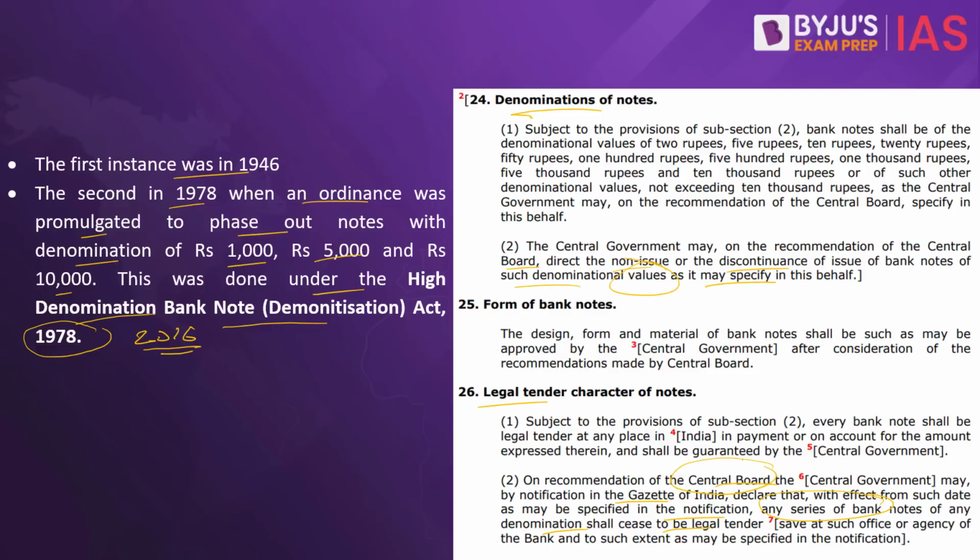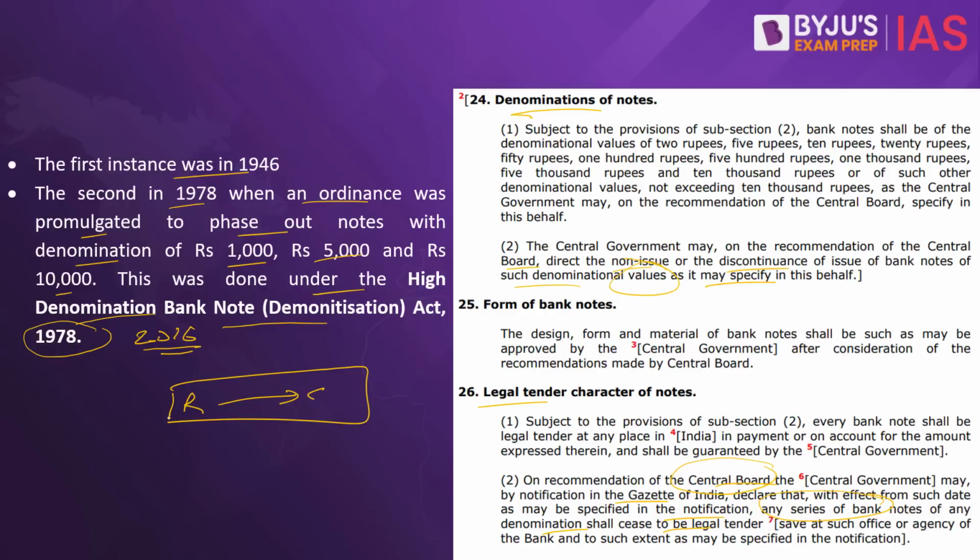So this recommendation should emanate from the Reserve Bank of India to the central government. It is not the central government which should come up with this suggestion, but instead the Reserve Bank of India should ask the central government.